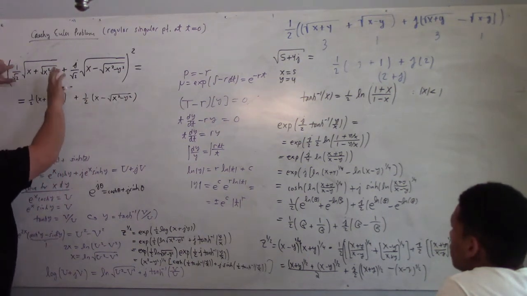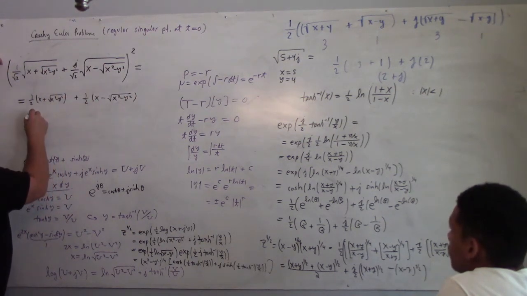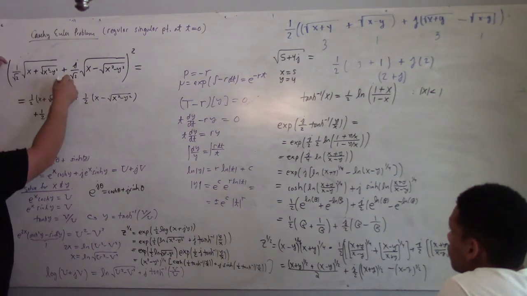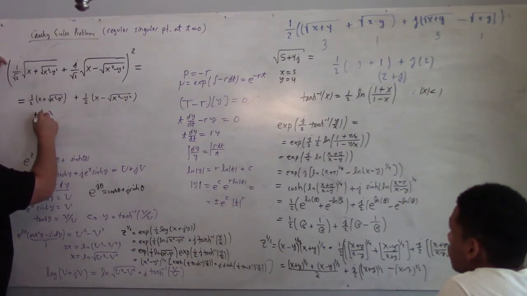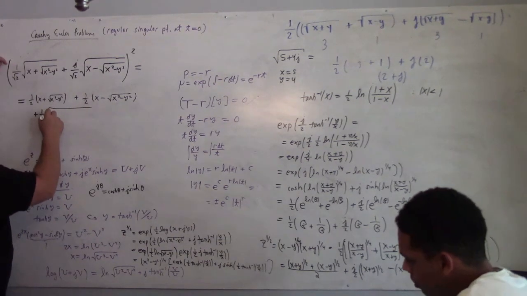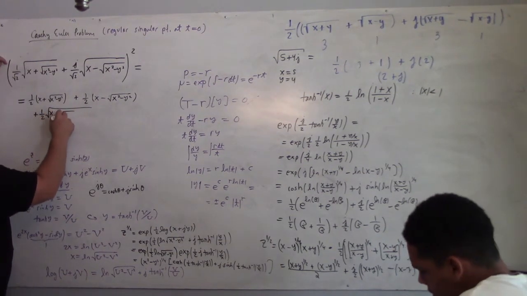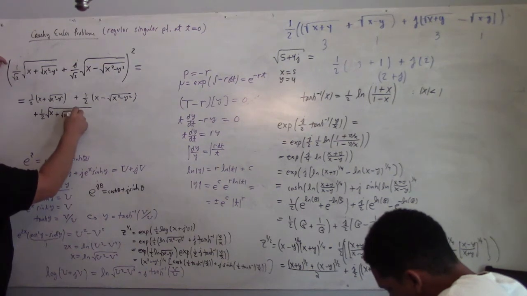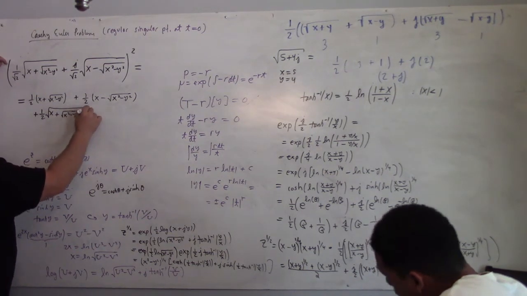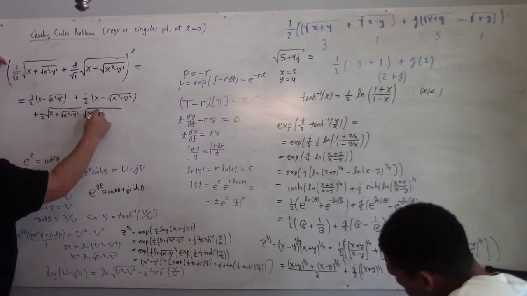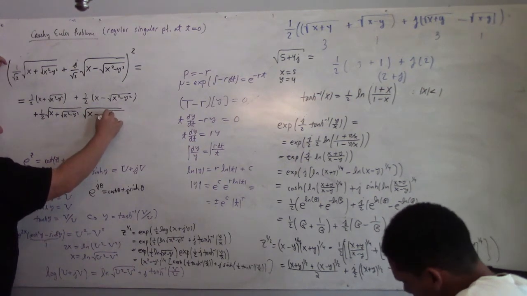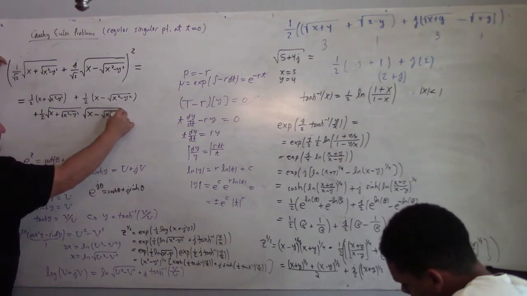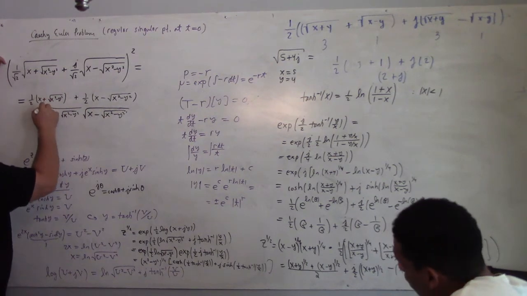All right. And then the middle terms. This times it, so we get the square root of x plus the square root of x squared minus y squared times the square root of x minus the square root of x squared minus y squared. And we still have the j.